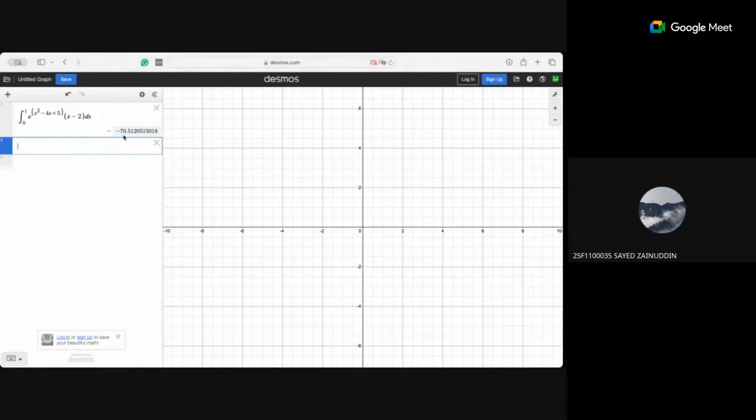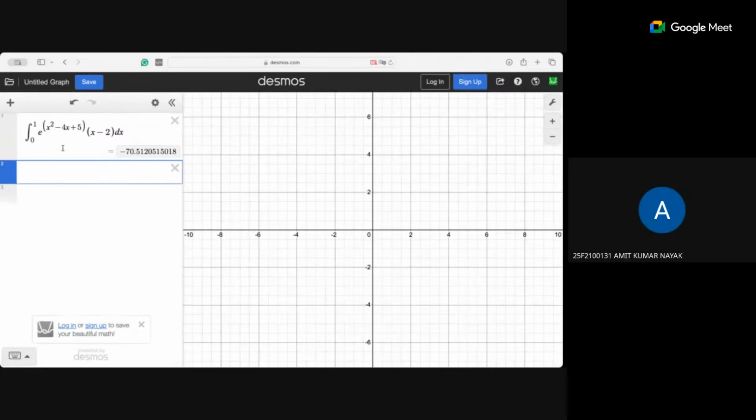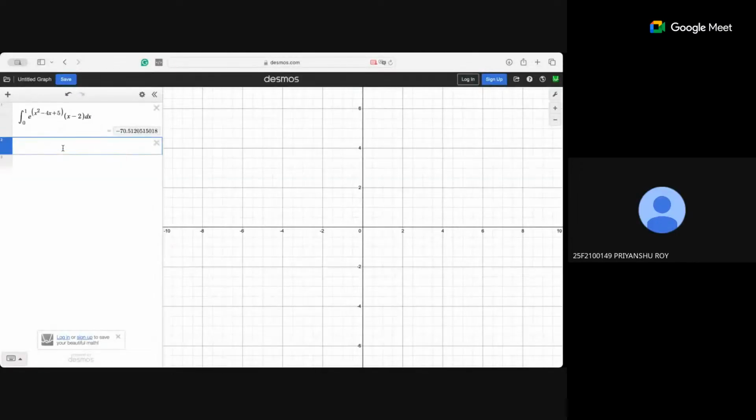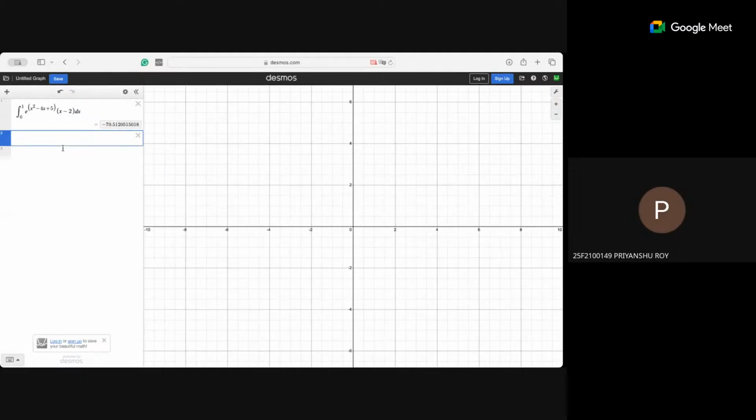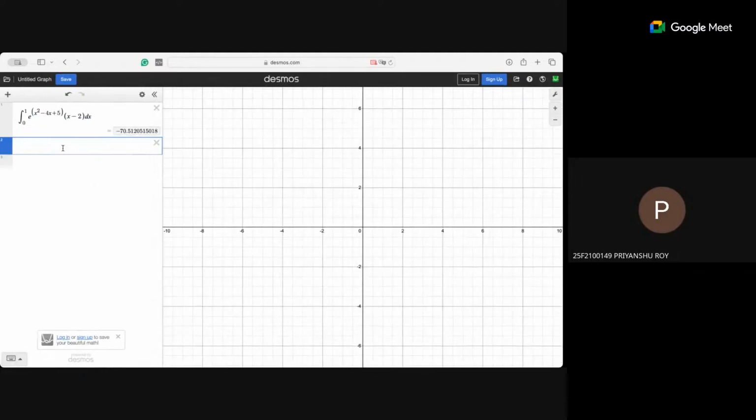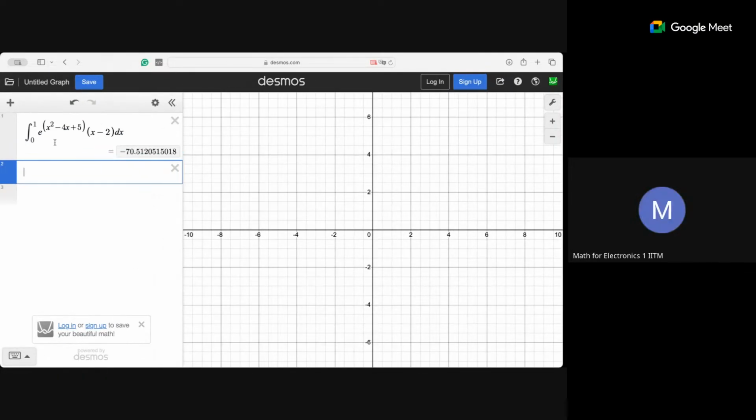Now it's okay, sir. Desmos is visible, no? Yes, sir. Let me zoom it for you guys a bit. Okay, so you can see clearly minus 70.5120. So that is nearly e square, not nearly, it is exactly.